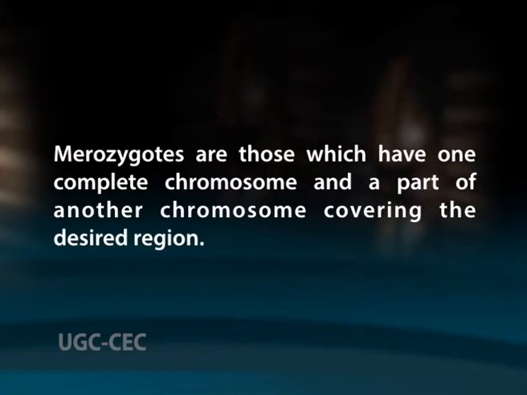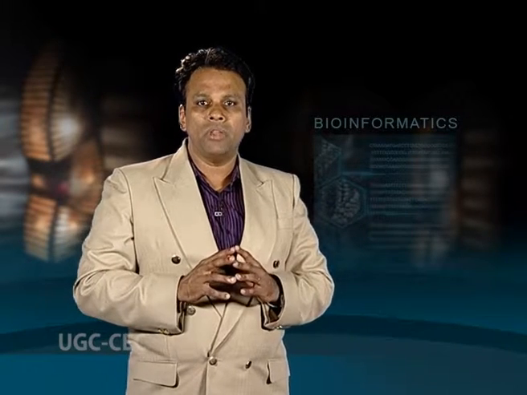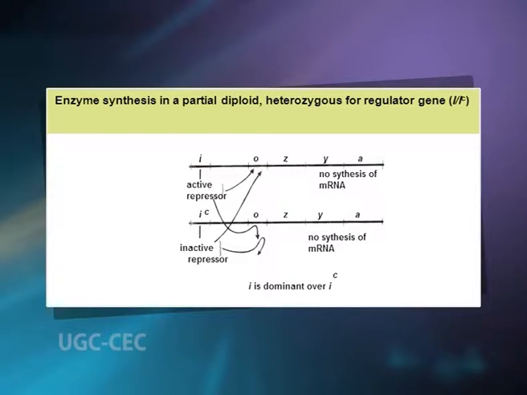Merozygotes are those which have one complete chromosome and a part of another chromosome covering the desired region. When heterozygotes for regulator constitutive were derived, no enzyme synthesis was observed, suggesting that wild LAC-I is dominant over mutant LAC-IC. This is illustrated in this figure.